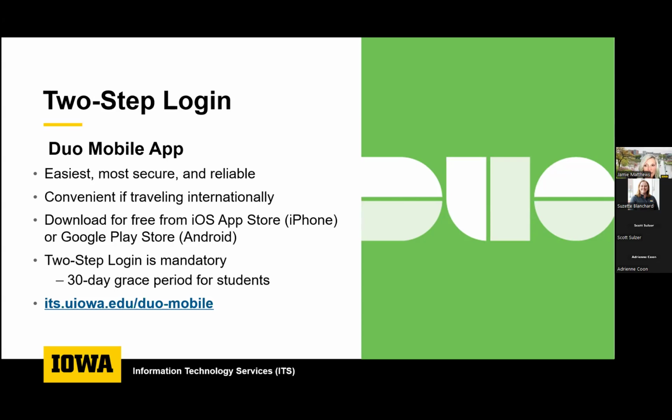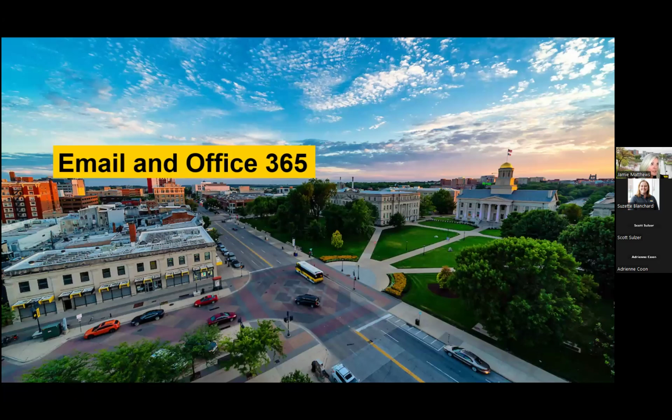So we highly recommend that, and we want students to do that. So if they have any questions once they're trying to switch to the app, they can call the help desk, they can email us, they can live chat us, and we will help them with any questions that they have about anything. All right, no questions yet.